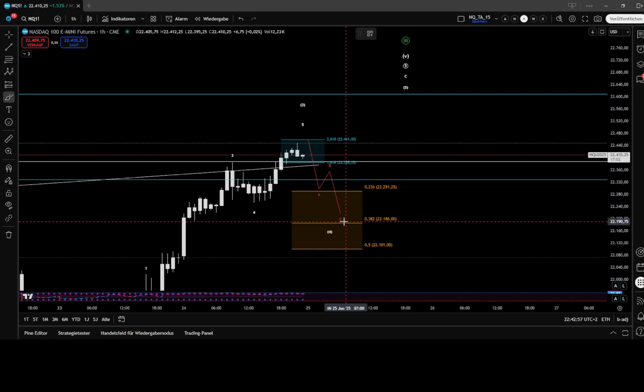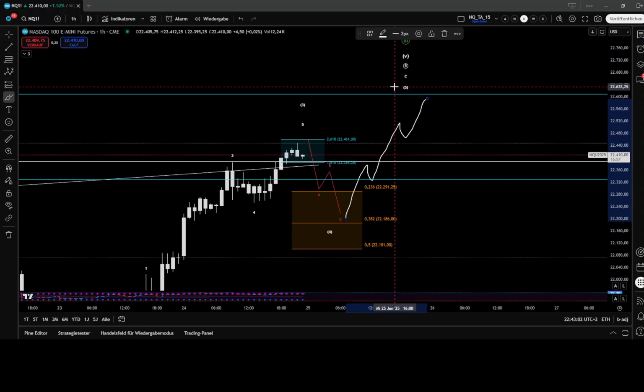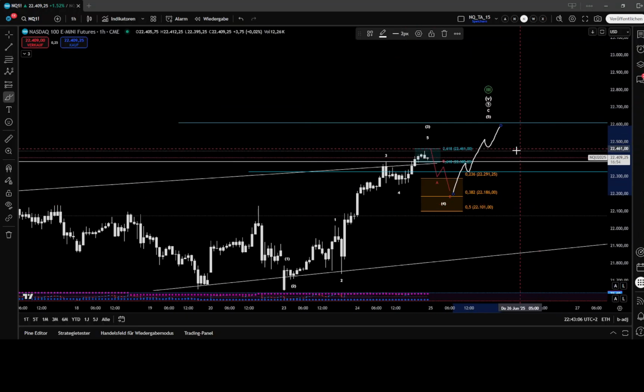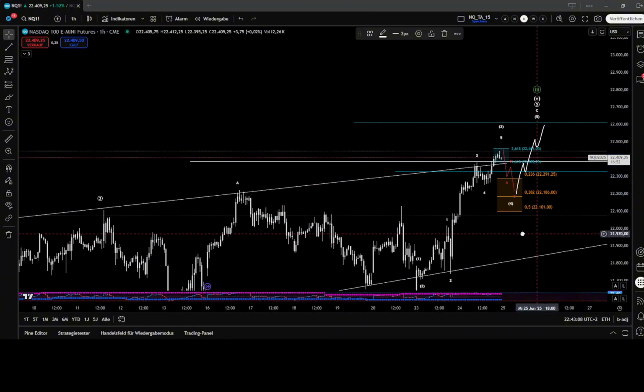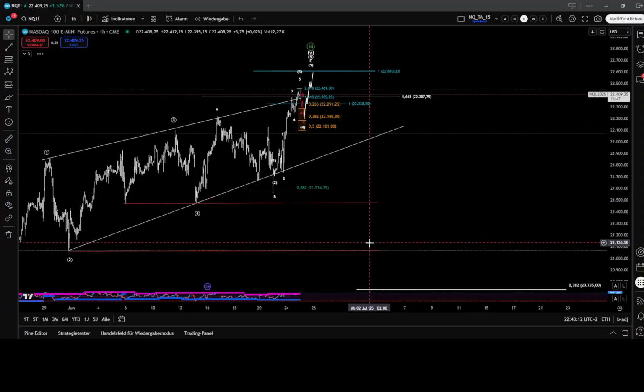From here, we should get another impulse to the upside, because we are still missing the fifth wave here. And then again, our ABC structure to the downside in green wave 4, where it is down here.